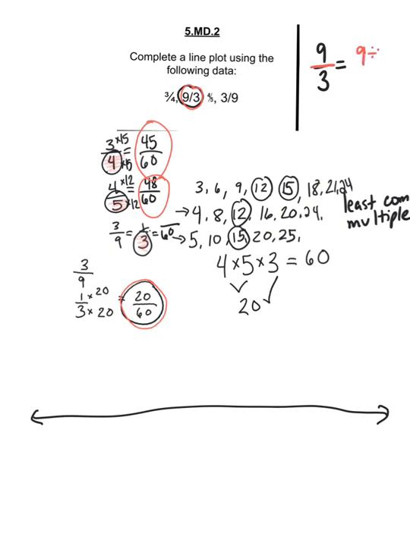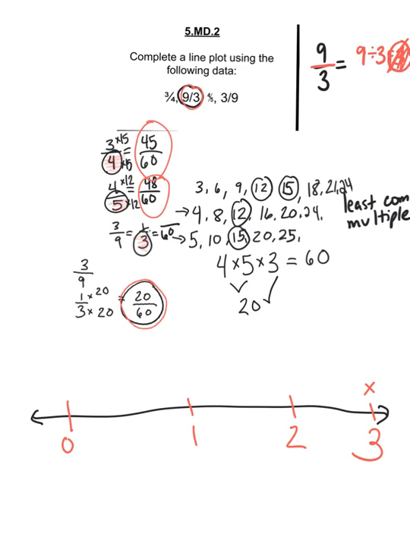And I know that 9 divided by 3 equals 3. So my values on my line plot are going to have to go from 0 to 1 to 2 to 3. And I'll have 1x on the 3, and then I'll have these other fractions marked.